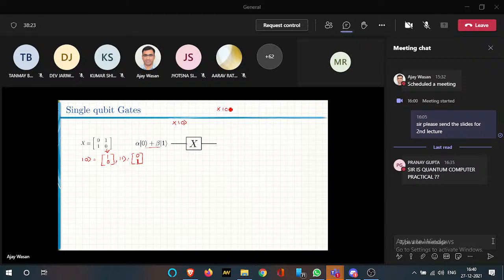Yes, sir. And X applied on 1 will become 0. Correct? Yes, sir. The same thing I am showing here. When we apply X on this, this becomes 0 and this becomes 1.